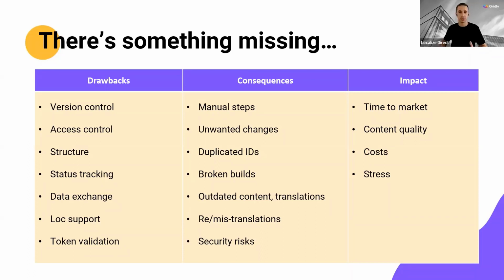The consequences of that: manual steps needed, lots of copy pasting, moving content back to the master file or the file that you want to sync with your game, unwanted changes, duplicated IDs, not to mention the worst of all, broken builds. And we already mentioned outdated content or translation. And with no translation memory or things like that, you might end up retranslating the same content.